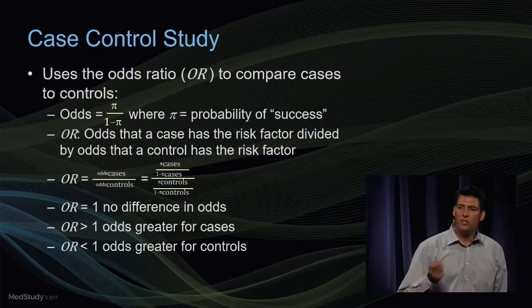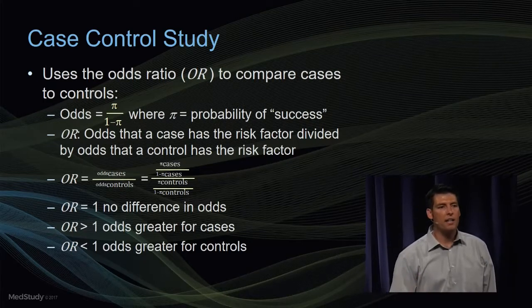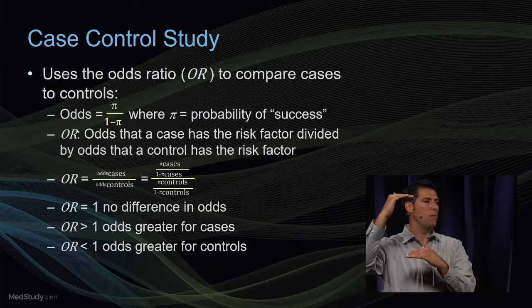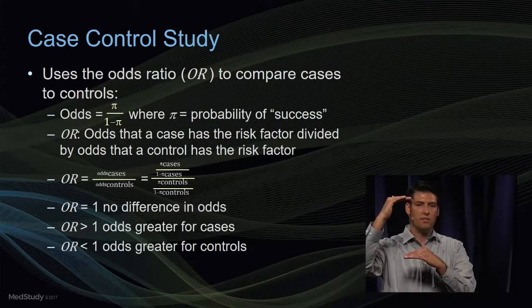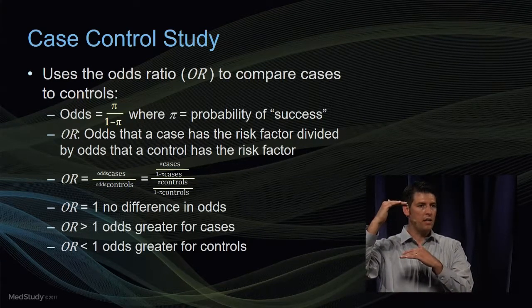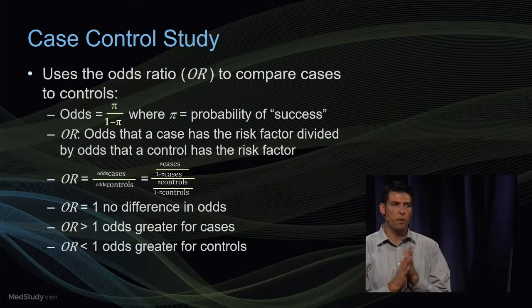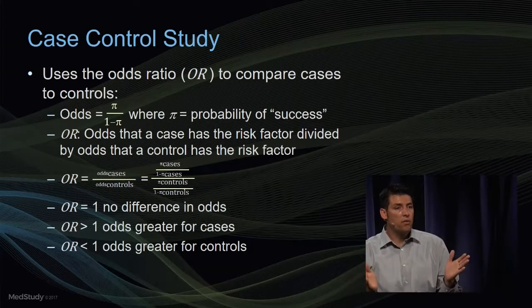Notice that the odds ratio itself is not giving me a direct comparison of the success probabilities for the controls to the cases. We'll talk about that in a moment. But the odds ratio is a little different than that comparison, so it has a bit of a different interpretation.